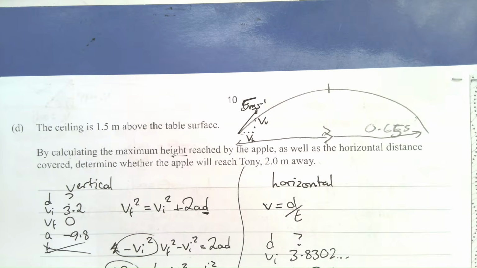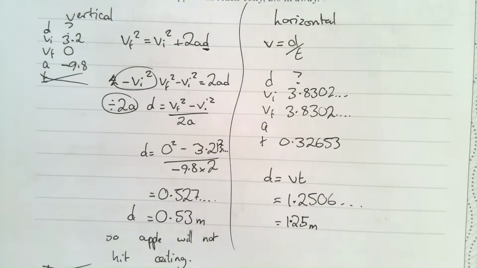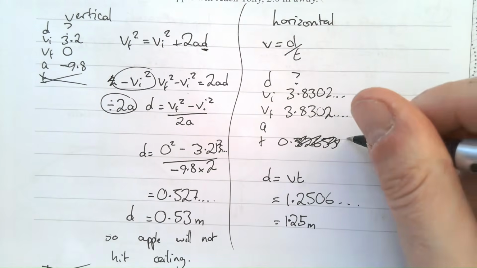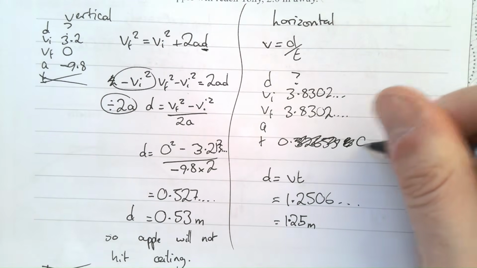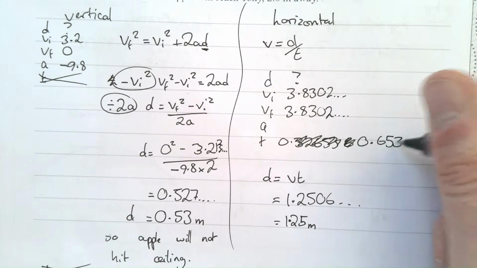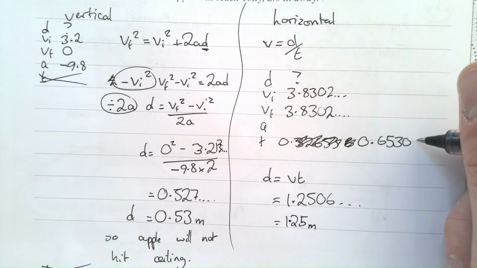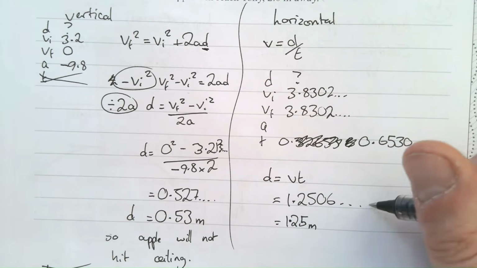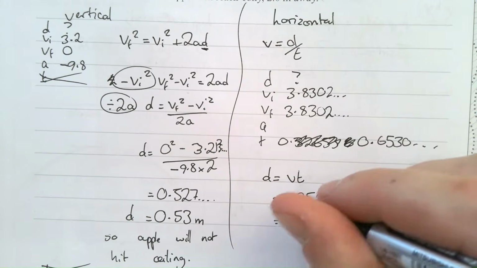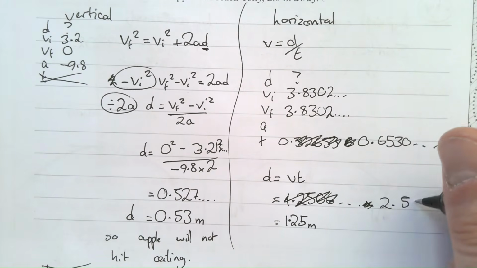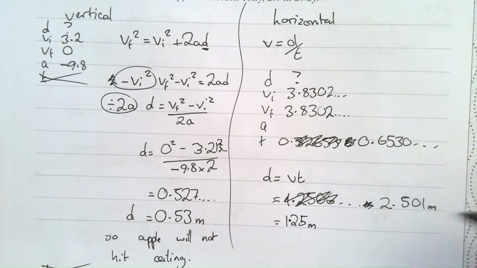So, in this working that I did by mistake, just ignore that, we have time is 0.6530. Then my answer here is going to be doubled because I was silly and forgot my own little secret.